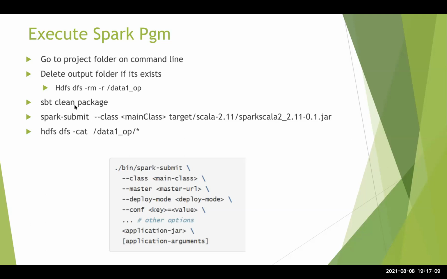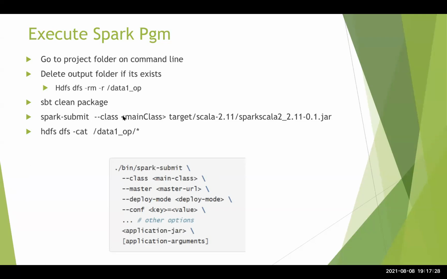In the code that you compiled and packaged, you will have some main method, right? If you have ever worked on Java or Scala, the entry point is always the main method, and it's the same in many programming languages, so the main method is well known if you are a developer.